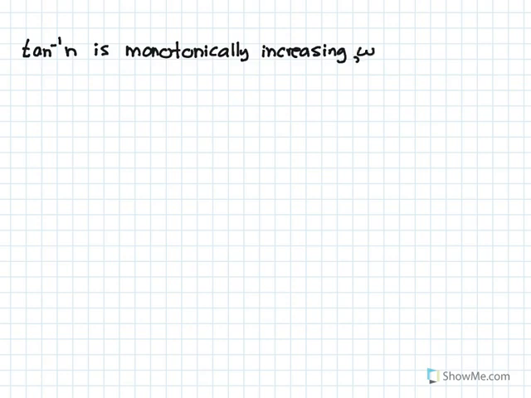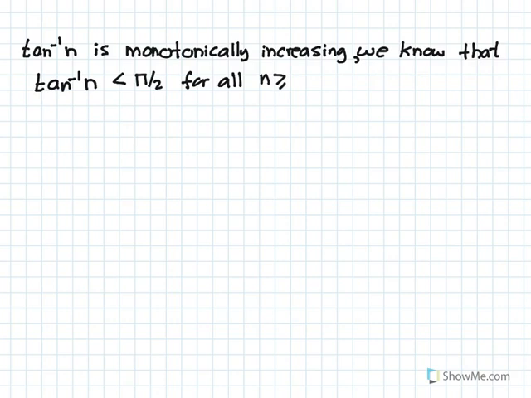Now we know that tan minus 1 n is less than pi over 2 for all n bigger or equal to 1. So every term of our given series, arctangent of n divided by 1 plus n cubed, is less than every term of this comparison series.